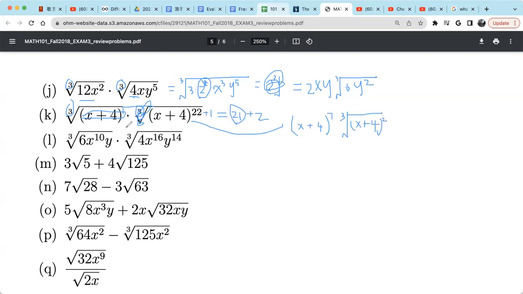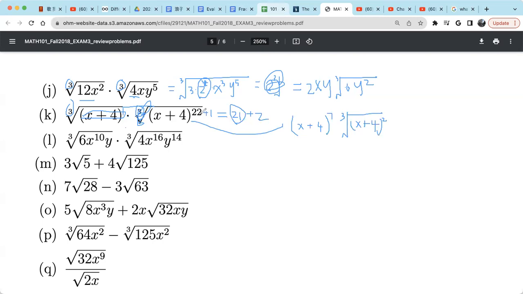So what did we do? We first put the two radicands together to multiply each other because they're under the same cubic root. Once we do that, we look at x plus 4 as a base. The first one has x plus 4 raised by 1. The second radicand has x plus 4 raised by 22.